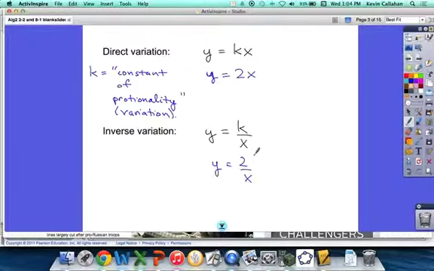For an inverse variation, because one of the variables is in the numerator and one of them is in the denominator, that's not true. Right? If I make the denominator of a fraction bigger, it actually makes the whole fraction smaller. Or if I make the denominator of a fraction smaller, it makes the whole fraction bigger. So again, when x goes up, y goes up.